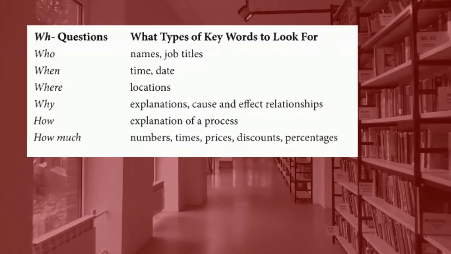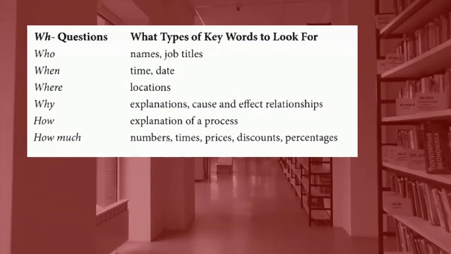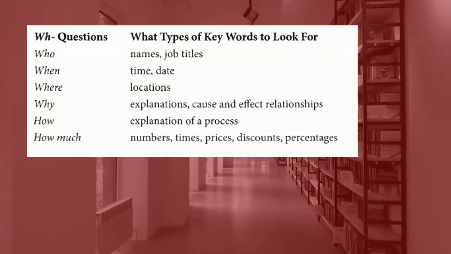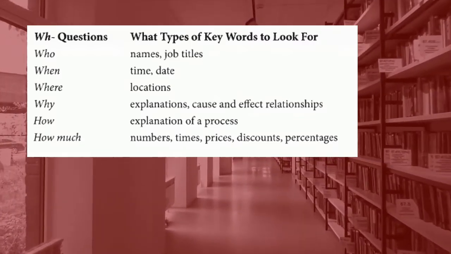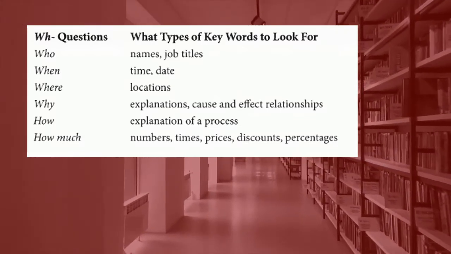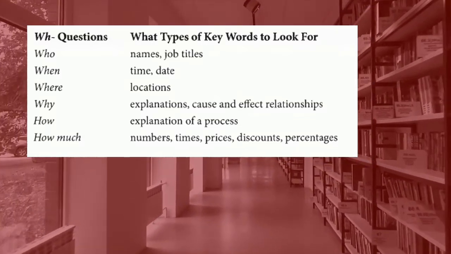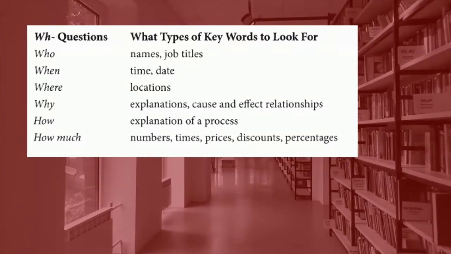For detailed questions, these are the tips that I can give you. Number 1 is to pay special attention to keywords. For example, you can see the WH questions: who, when, where, why, how, and how much, and what type of keywords to look for. If it's who, normally you have to look for names, job titles, or positions.